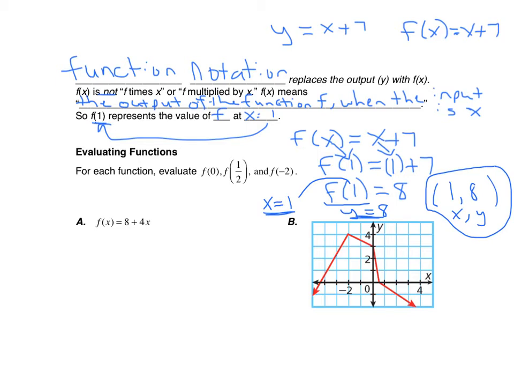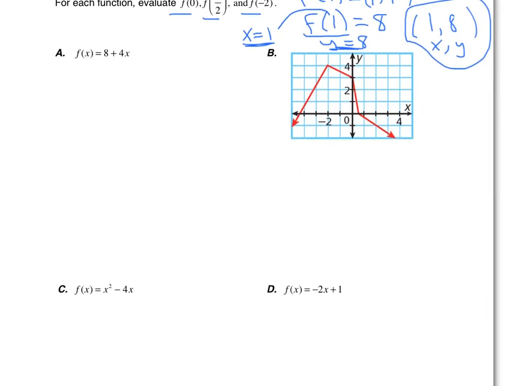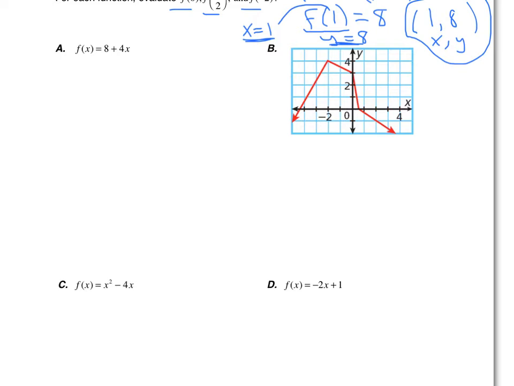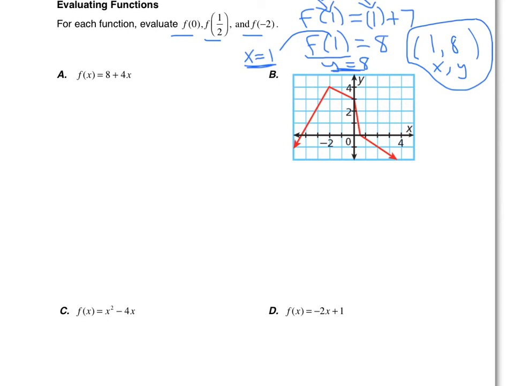So if we look at letter A, we are going to perform the evaluation 3 times, once with 0, once with 1/2, and once with -2. It is very important that you replace the x with parentheses when you actually input the value. So we have f of 0. We replace x with 0, so we replace x with 0 on the other side as well.